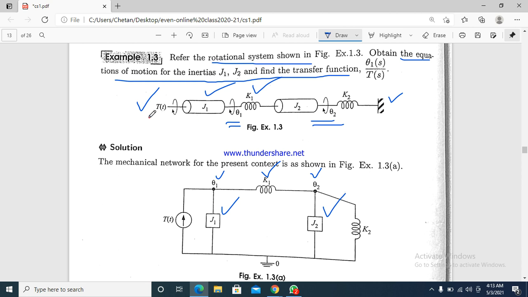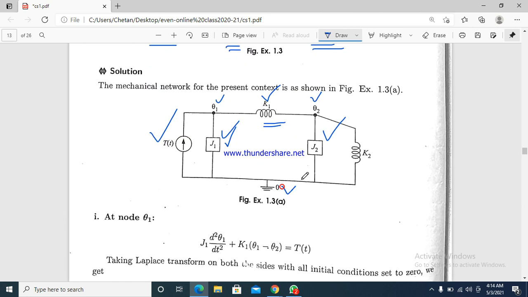Next, in place of force F of t you have represented torque T of t, and also you can observe that below this theta 1 node you have the element J1 as well as K1, and K1 is common in between theta 1 and theta 2, so K1 is drawn common, and J2 is there under theta 2 and K2 is there below this theta 2, then represent this fixed surface.